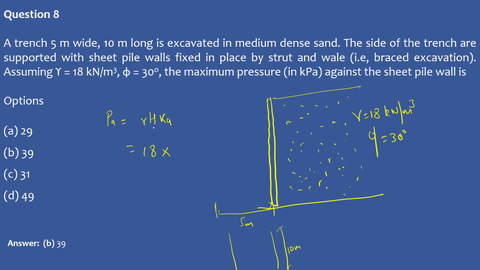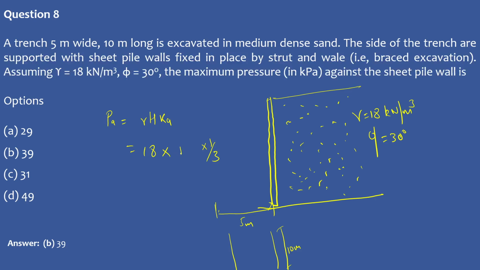It is only K, sir, not active or passive, only K, the pressure coefficient. No, K value is 1 by 3, right? Yes, sir, it is correct. Active earth pressure for 30 degrees is 1 by 3. And H value is 10.